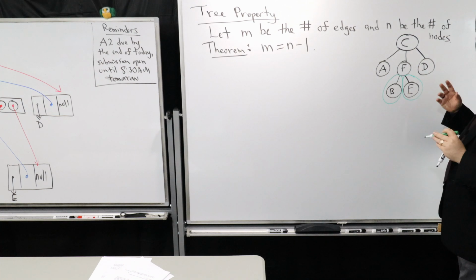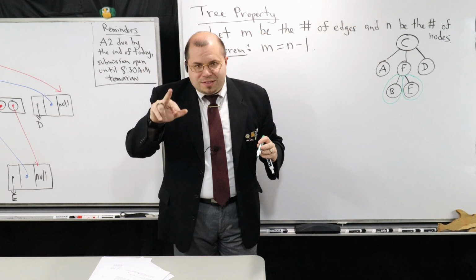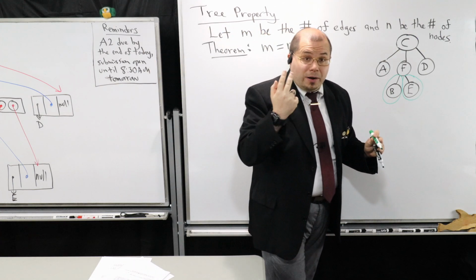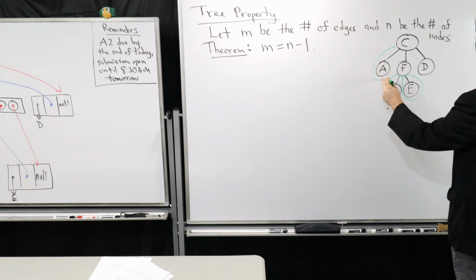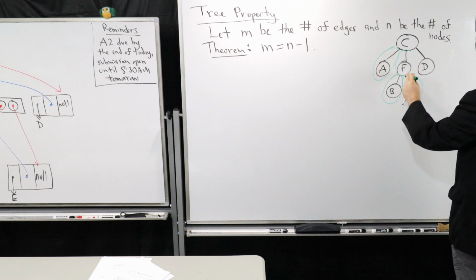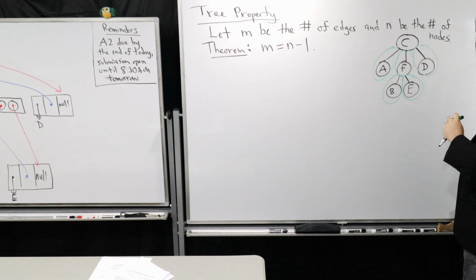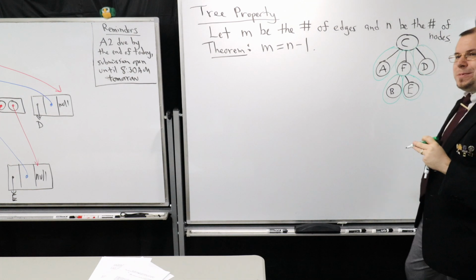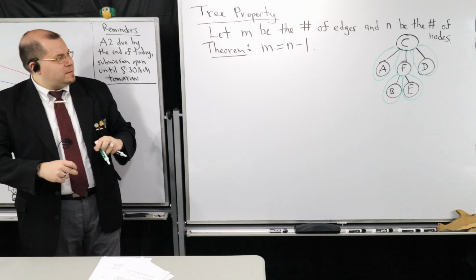Remember, the strategy here is that I would like to count them. I want to count the number of nodes there are and the number of edges there are. So I'm going to pair them up like this. Watch this. I'm going to pair F with its parent, this edge that allows it to go to its parent. But there's one node that cannot be paired. Which one can't be paired?